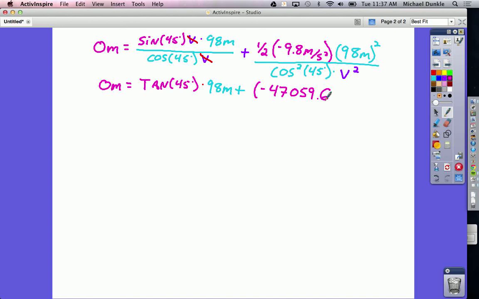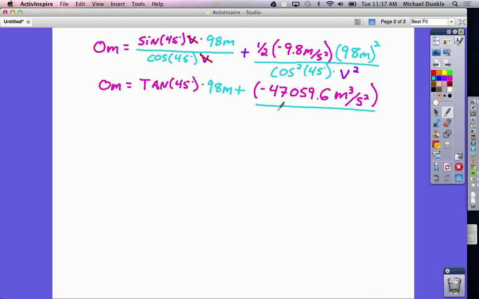And my units, I'm going to have meters multiplied by meters squared, so that would give me meters cubed. And I would have my seconds squared not canceling with anything. Kind of a funny unit, but it'll start canceling out.